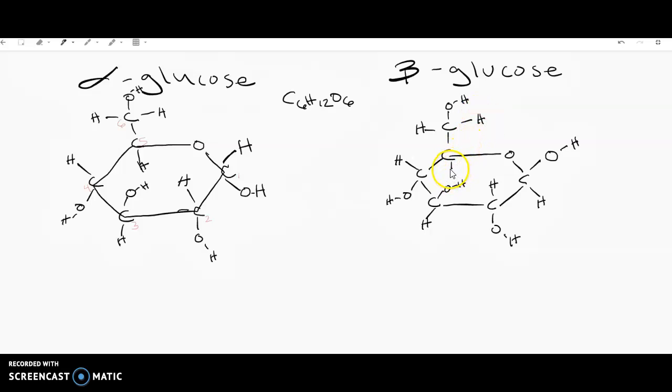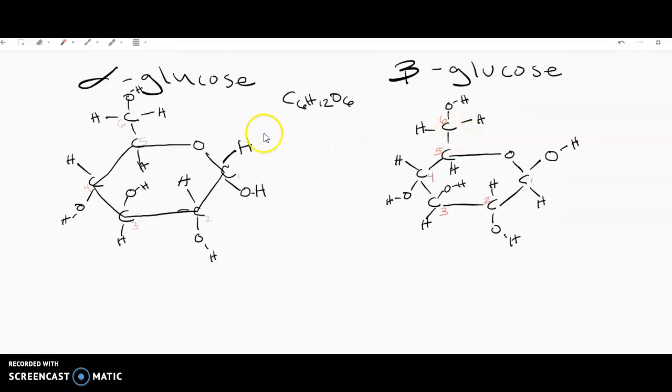Don't forget your carbon 5 hydrogen bond. I'll go ahead and number those. So there's our carbon 1, 2, 3, 4, 5, and 6.